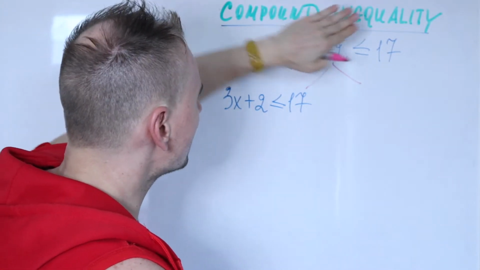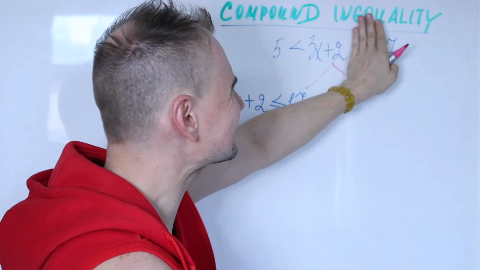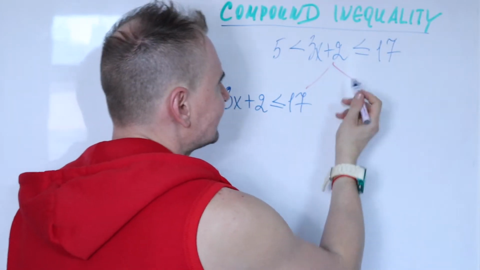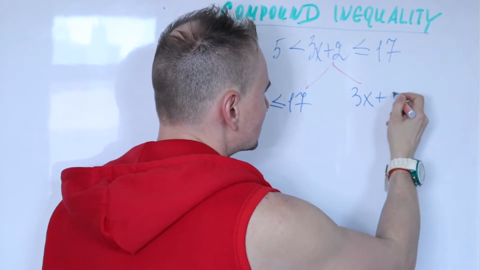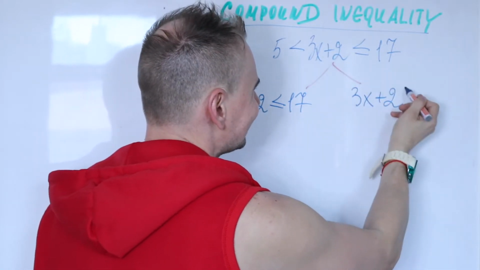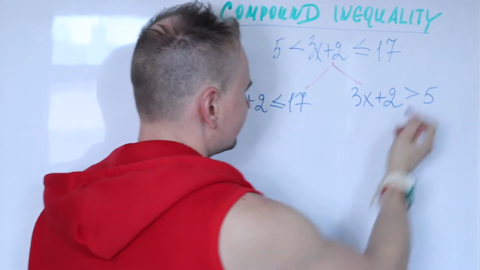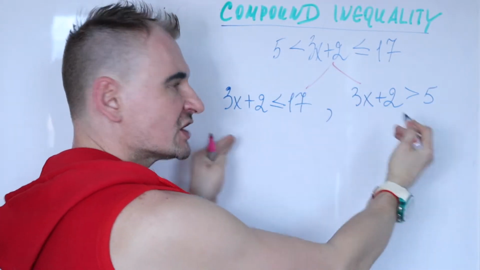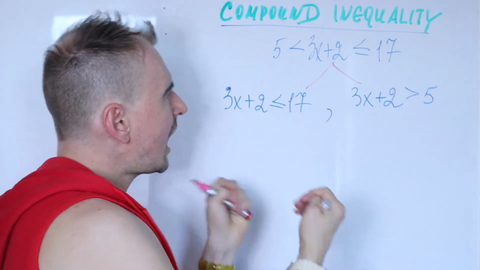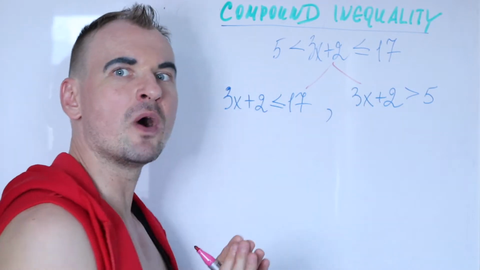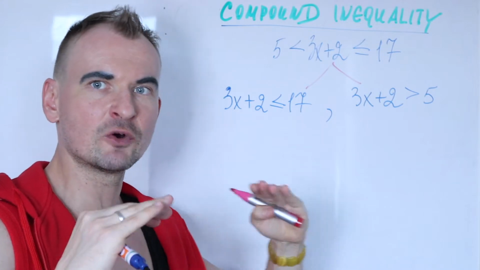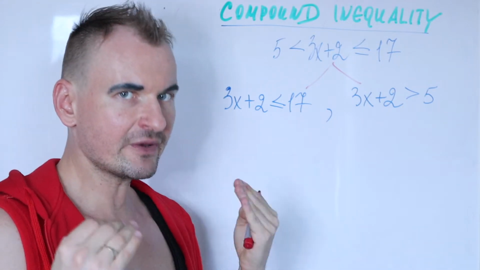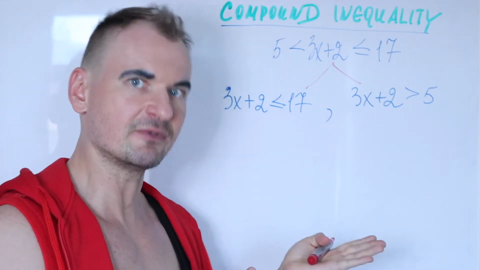Now you're going to close this part, and I'm going to rewrite it in the reverse order: 3x plus 2 greater than 5. We split them up into 2. Now it's not compound anymore. You have two separate linear inequalities in one variable, and you solve them as we did before.